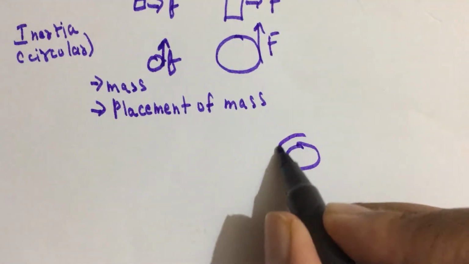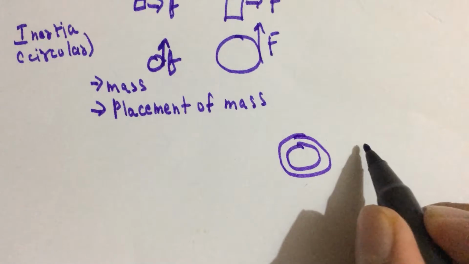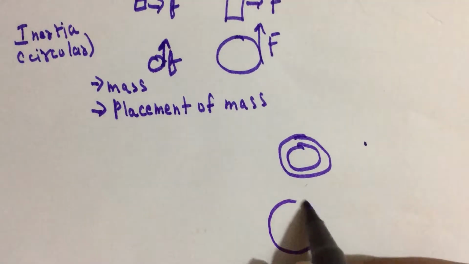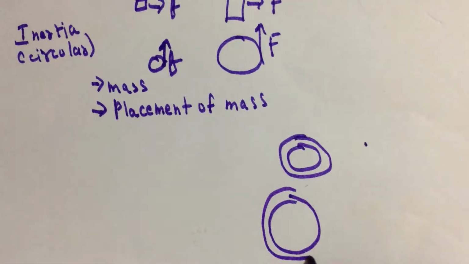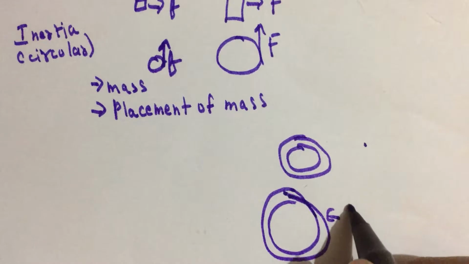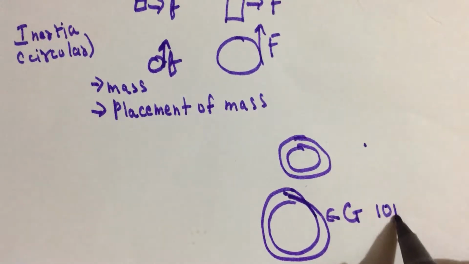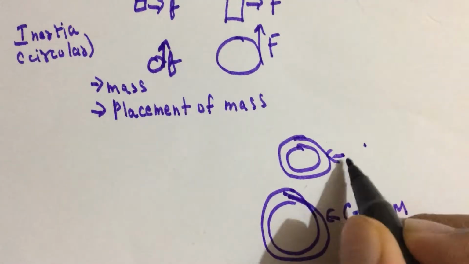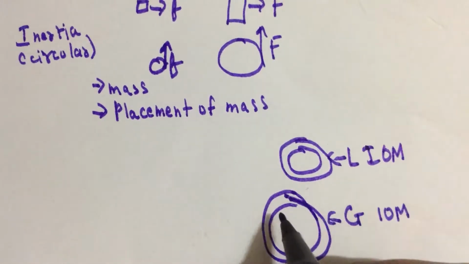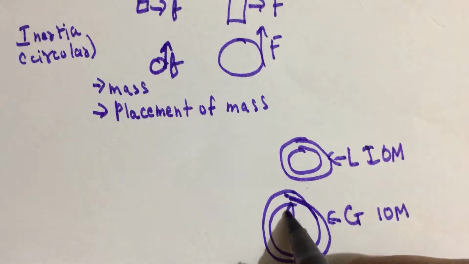So if I have two discs, one small disc and one bigger disc of the same mass, then this disc will have a greater inertia of movement. Because if you see, it's got a greater diameter, right?